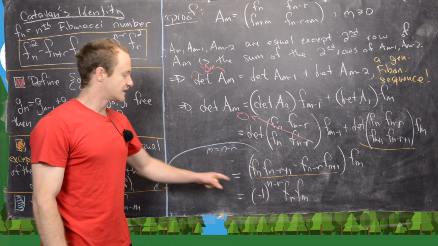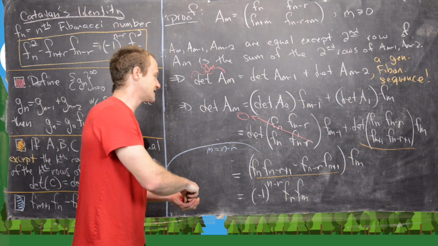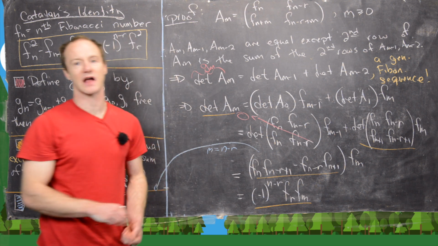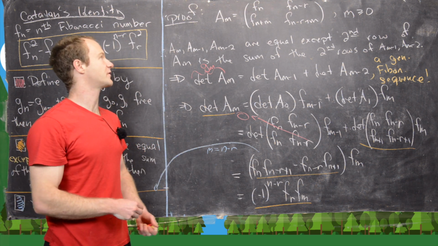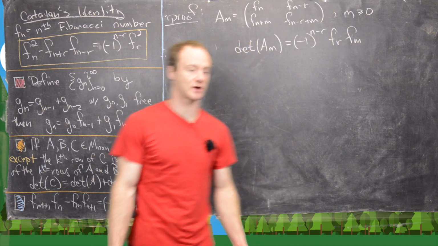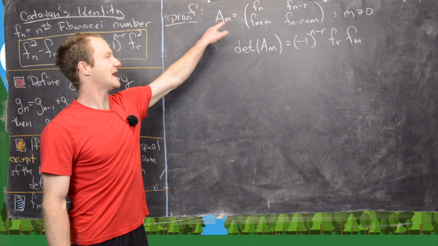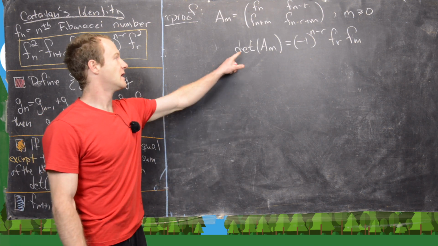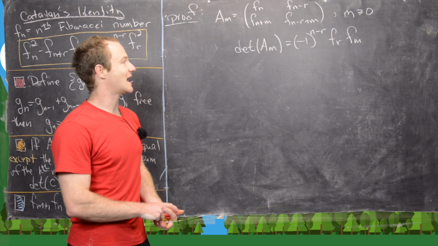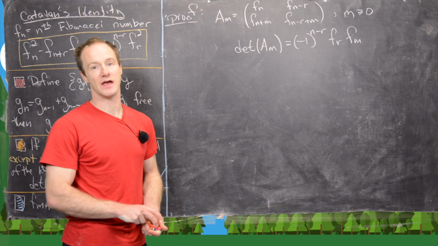Okay, good. So now I'm going to go ahead and erase the board, and then we'll have this determinant of A m is equal to this guy right here, and then we're really close to being done. Okay, so we just got to use all three of our preparatory results to prove the following. If A m was this matrix we've been working at, the determinant of A m is minus 1 to the n minus r times F r times F m.